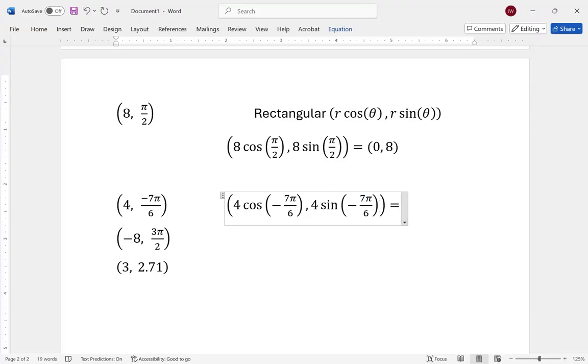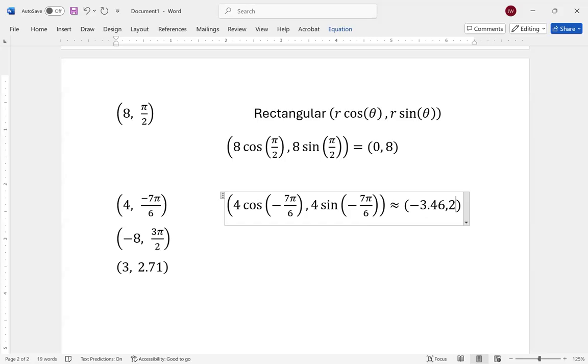This is something I would probably just plug into my calculator. Obviously, when I plug in negative 7 pi over 6 into cosine, I'm going to get kind of an ugly number, so I'll use a rounded version, approximately. So that is right about negative 3.46 as an x value. And then as a y value, I get 2.